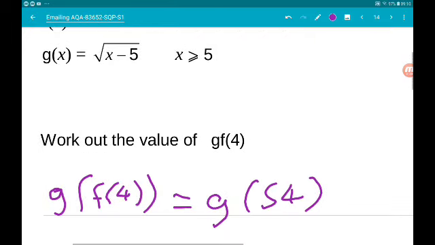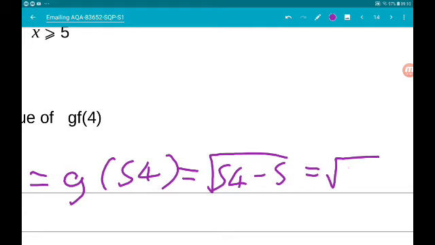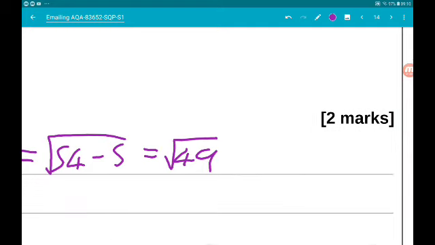So for that, we're going to get root (54 minus 5) which is root 49. So technically that's positive or negative 7. It does only say though the value, so you'd probably be fine just with 7.